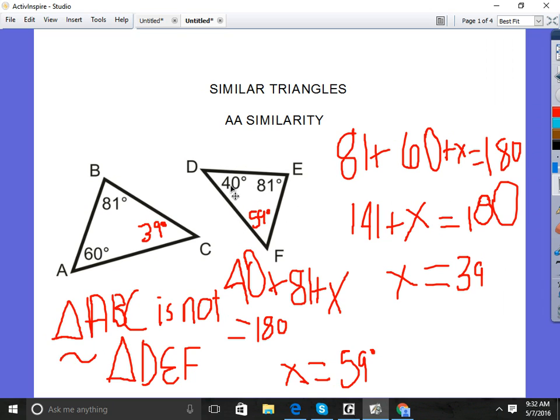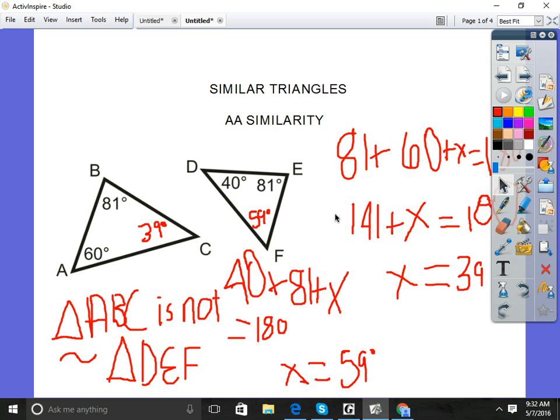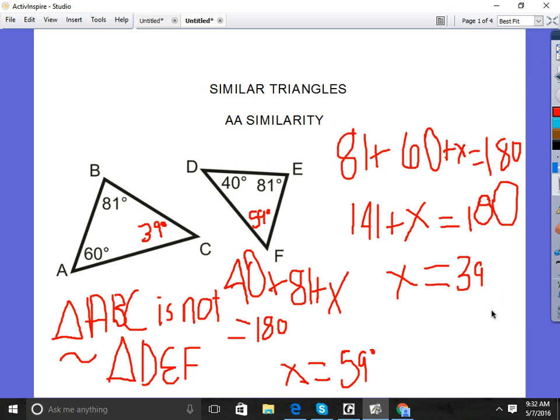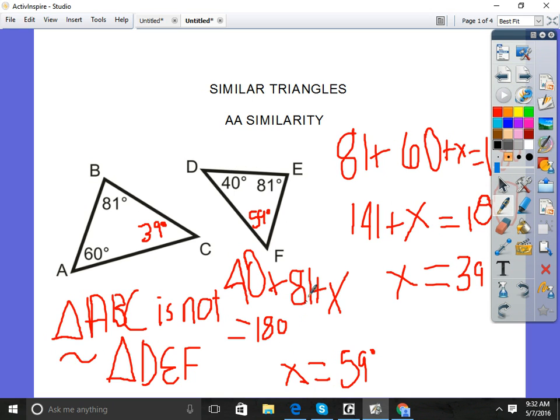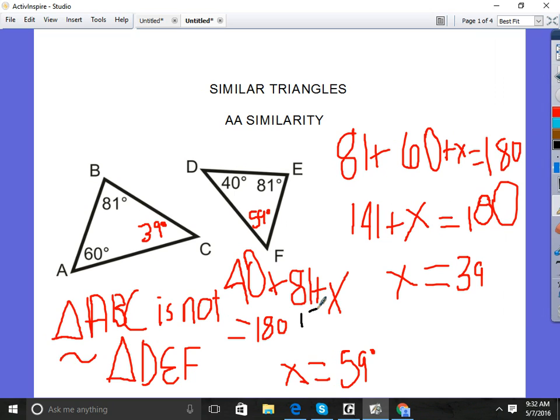I add these two up, 121 plus x equals 180. Subtract 121 from 180, and you get x equals 59.